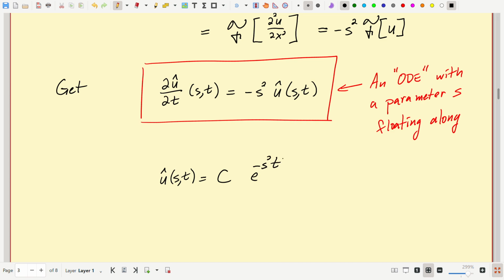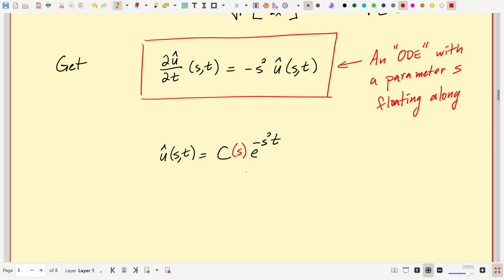And that constant might depend on s, because the parameter is floating along. Well, there's two things to notice here. This constant might depend on s. In fact, it will. It depends on the parameter s.